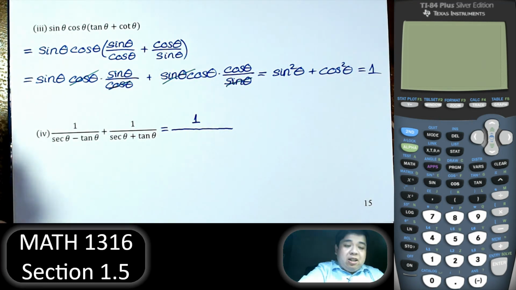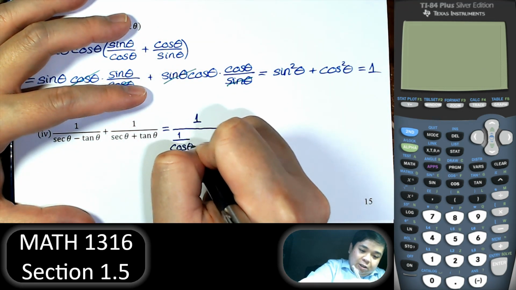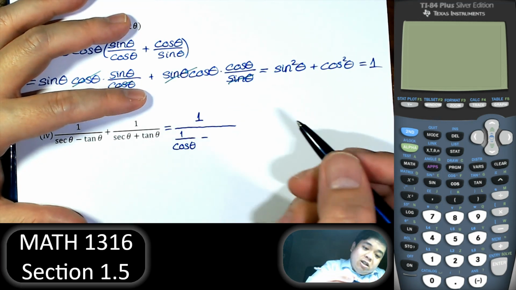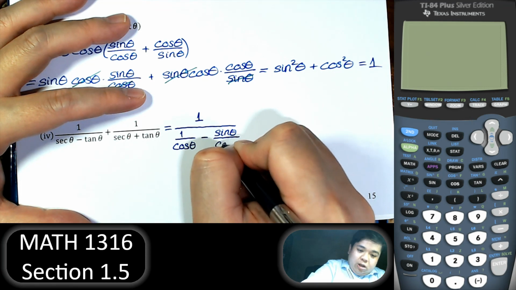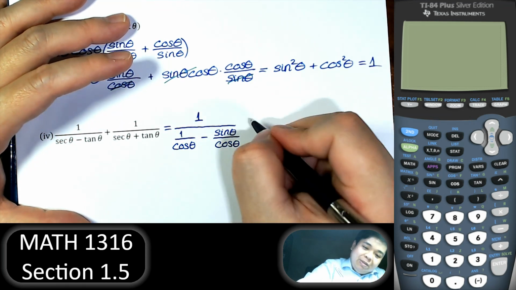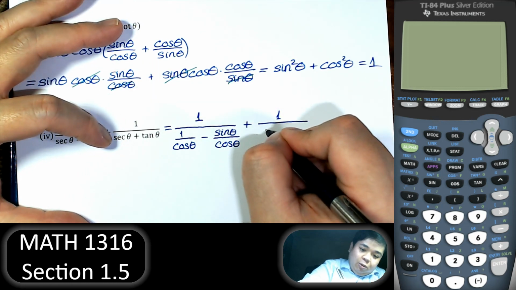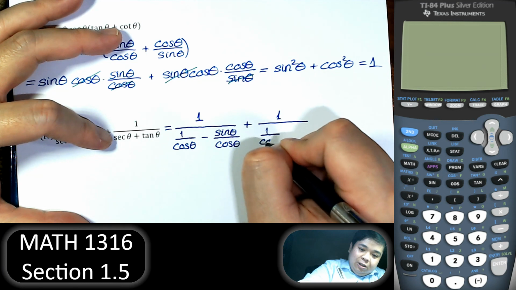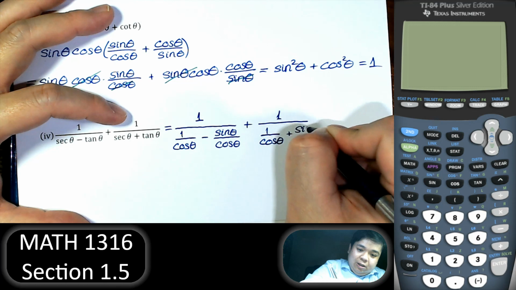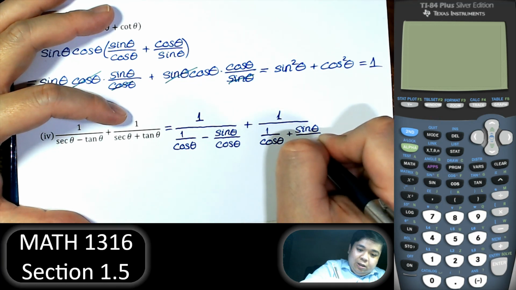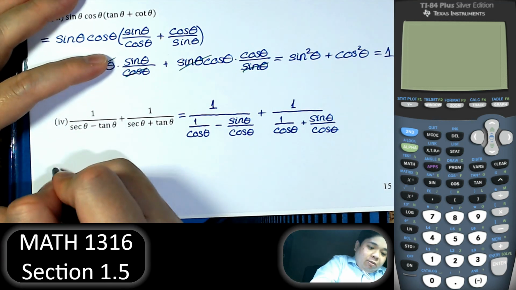Secant minus tangent. Secant is 1 over cosine. Tangent is sine over cosine. That's not that bad. Secant is 1, and this is a plus. Sorry. So we have one big fraction.